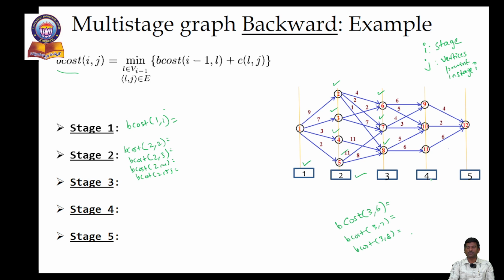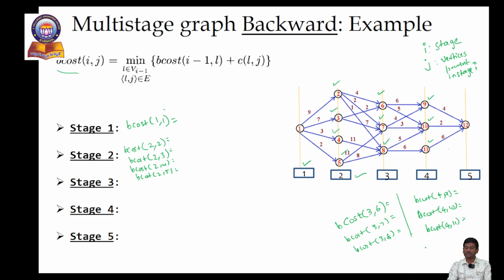Similarly, at stage 4, b cost of i indicates the stage, that is the 4th stage. What are the vertices that are present? That is b cost of 4 comma 9, you have to compute, b cost of 4 comma 10, because we have the vertices at your stage 4, that is 9, 10, and similarly 11. So you have to compute b cost of 4 comma 11.